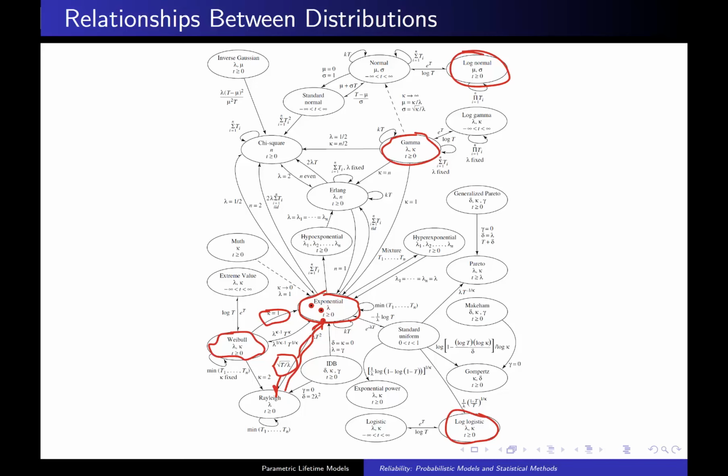Now, on occasion, you are going to see dashed arrows, like the one that heads from the gamma to the normal distribution, or this one right here, which goes from the Muth to the exponential distribution. Those will show up when you have what are known as limiting distributions.